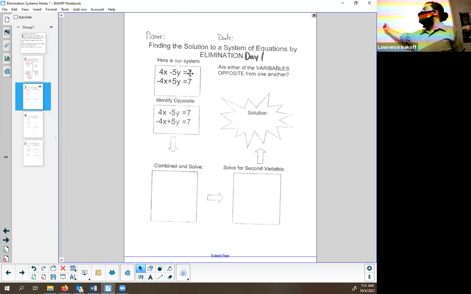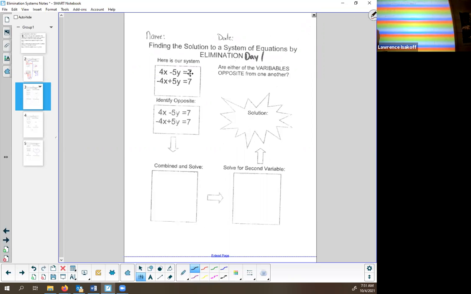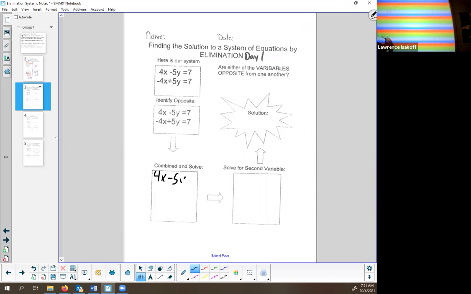Oh, the x's are opposites and the y's in this case. So let's just get to adding and see what happens here. So it starts out, 4x minus 5y equals 7, and then negative 4x plus 5y also equals 7.